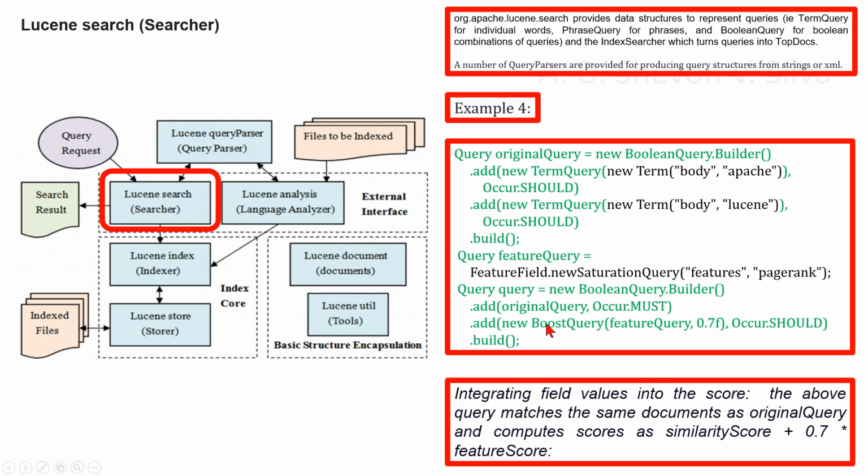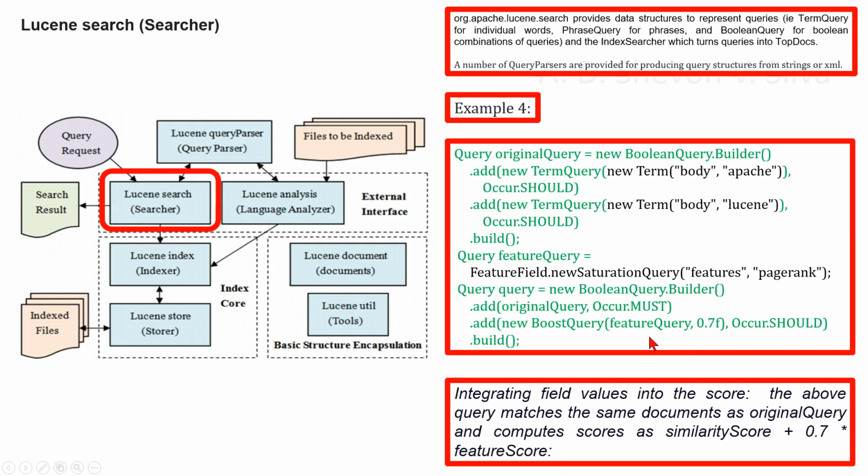Here you can see the class BoostQuery, a query wrapper that allows to give a boost to the wrapped query. Boost values that are less than 1 will give less importance to this query compared to other ones, while values that are greater than 1 will give more importance to the scores returned by this query.